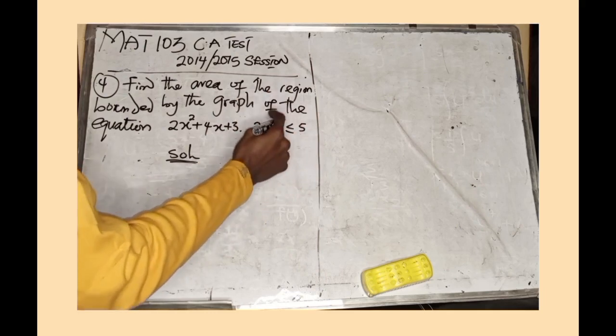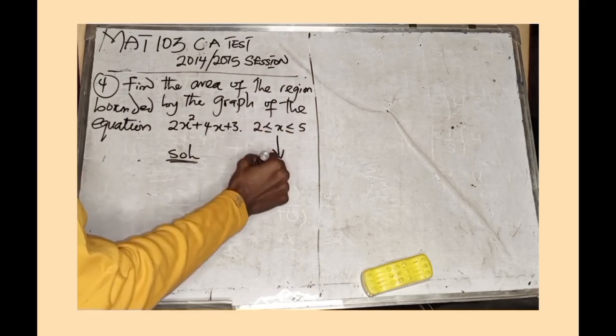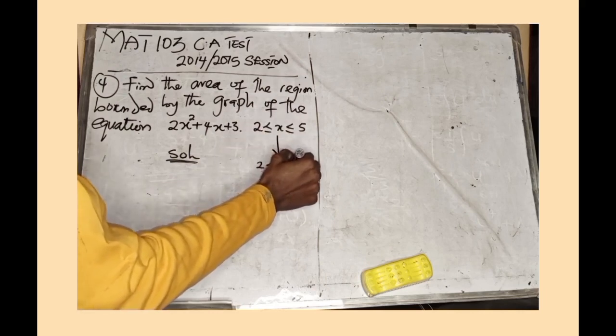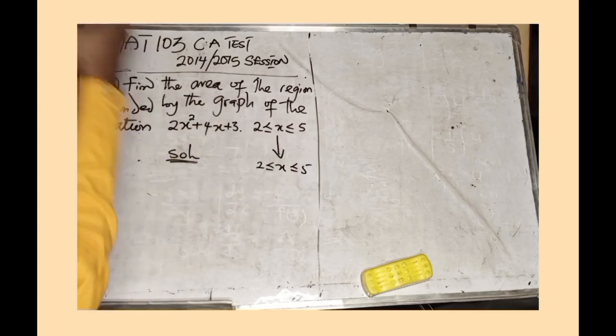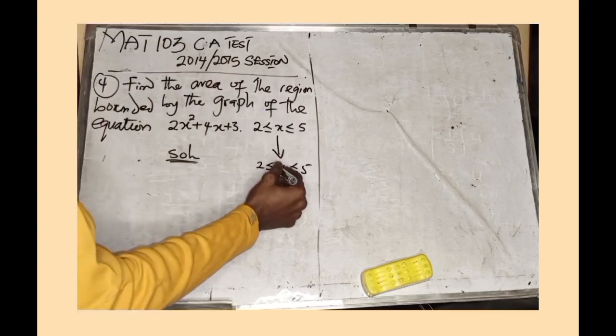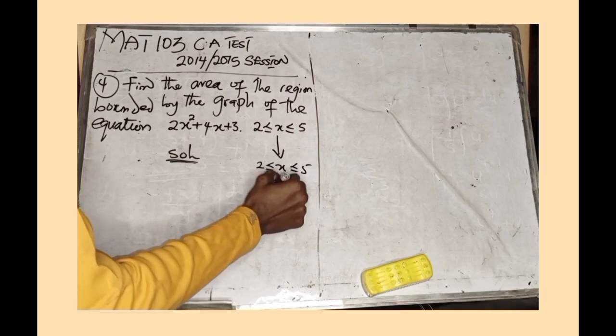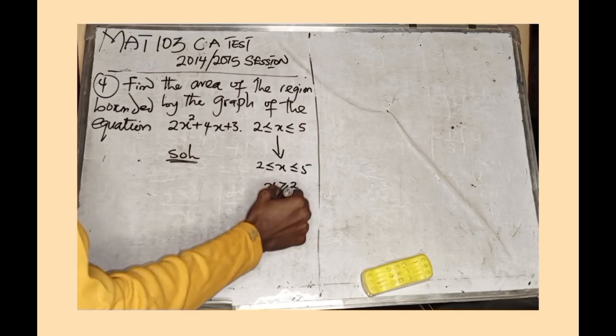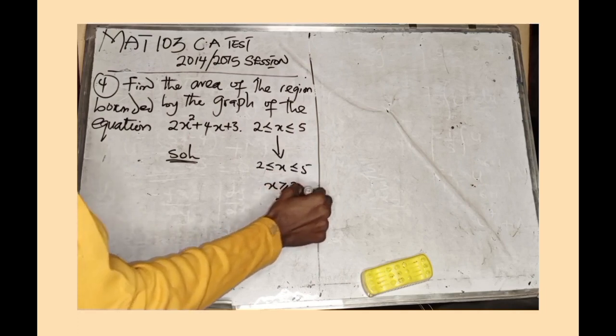If 2 is less than or equal to x, at the same time x is less than or equal to 5, this could still be written as x is greater than or equal to 2, at the same time x is less than or equal to 5.